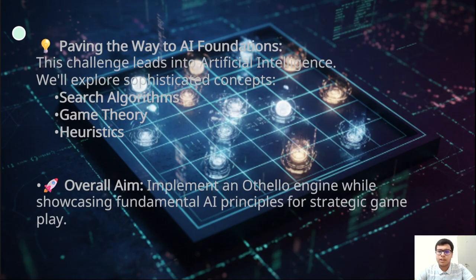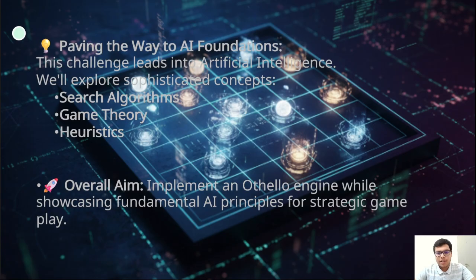To build our intelligent Othello player, we naturally encounter and implement several sophisticated AI concepts. Throughout this presentation, we'll explore key ideas like search algorithms: how a computer can systematically look ahead to find the best moves. We'll also have an introduction to game theory, the mathematical framework for understanding strategy, and heuristics.